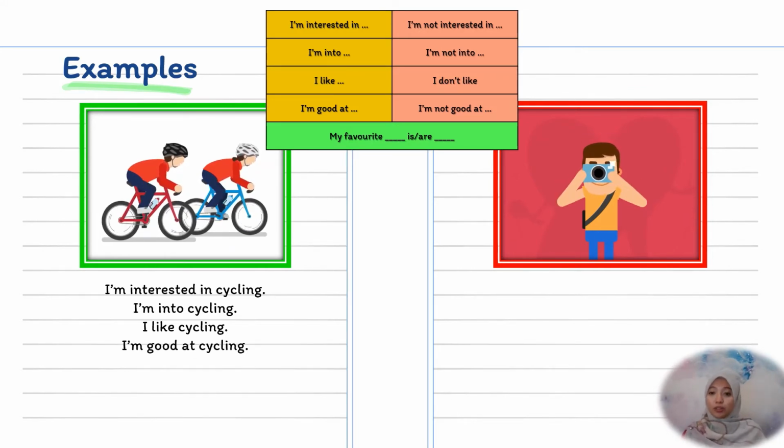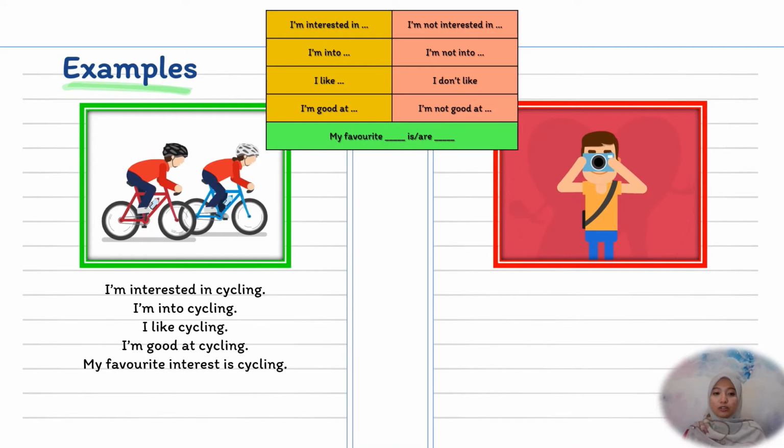But if you want to use it for your formal situation ataupun awak nak guna untuk karangan, sentences, essays, or you want to do an introduction speech, maksudnya di hadapan kelas masing-masing, you can use my favorite interest is cycling.